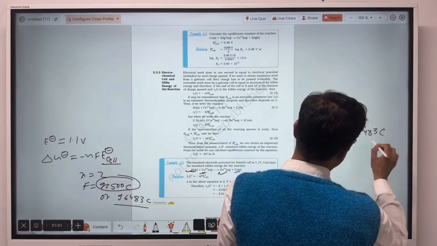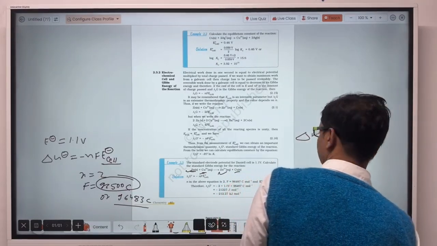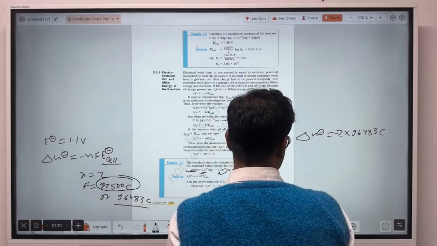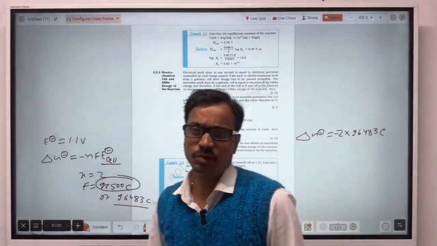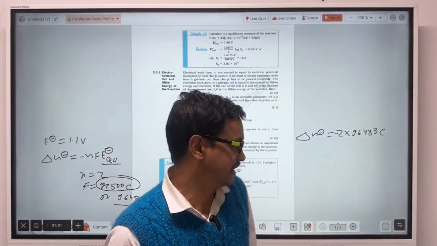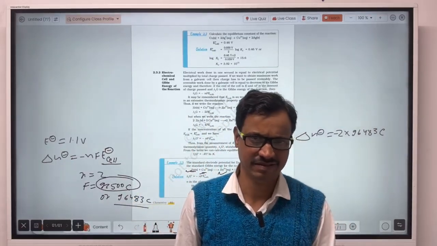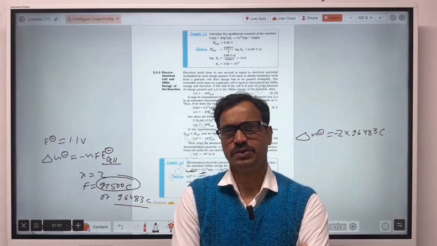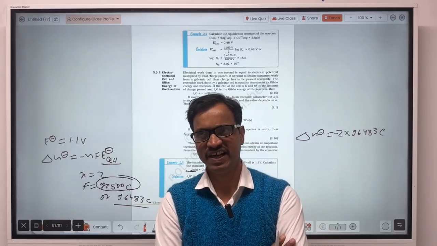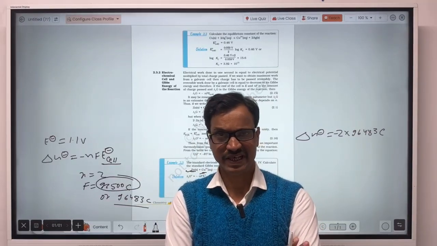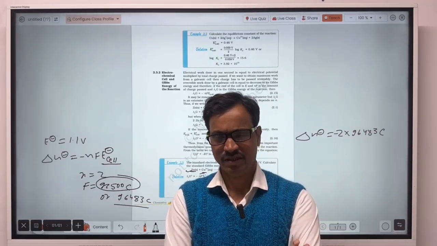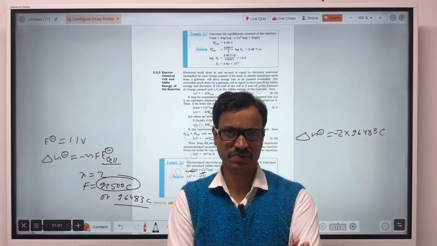If you take 96,500, you will find it easier to solve the question. During the 12th board examination, take whatever you like, because there will not be a big difference in the values. But in the JEE Main examination as well as in NEET, you should take 96,500 because you will find it easier to calculate.